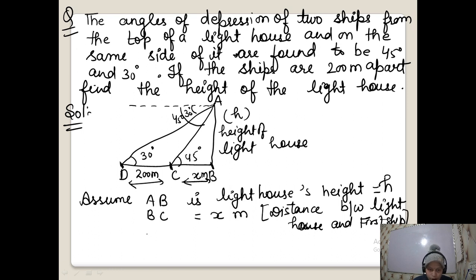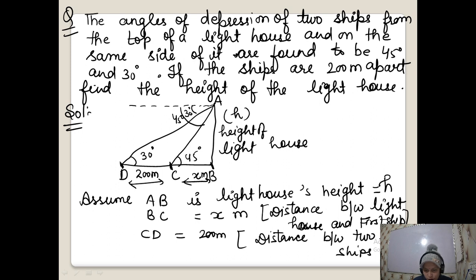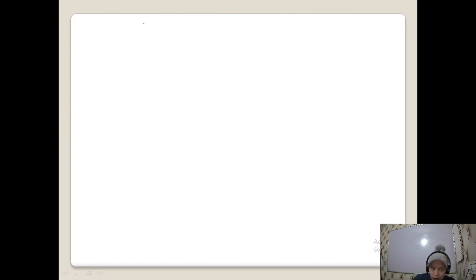Now CD is equal to 200 meter, the distance between the two ships. After this we have given two angles, theta 30 degree and the other angle theta 45 degree.